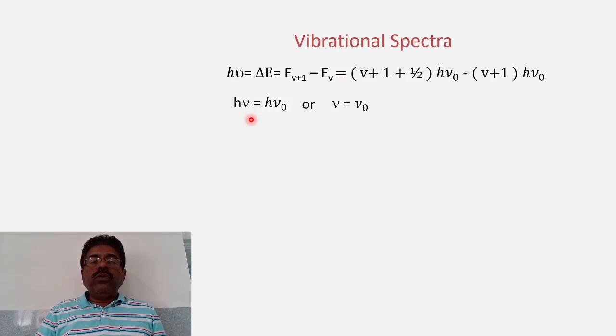According to quantum mechanical concepts, delta E is equal to h nu. So h nu is equal to delta E, and that is equal to the difference between these two levels having quantum numbers V plus 1 and V.